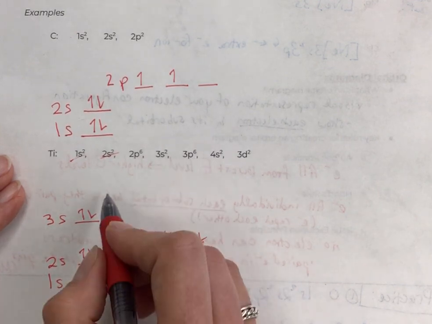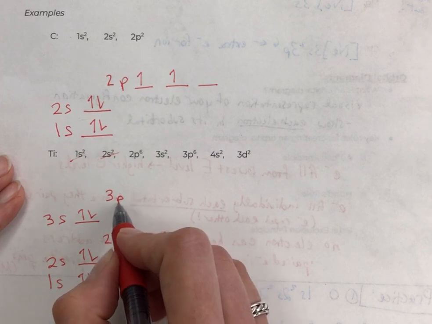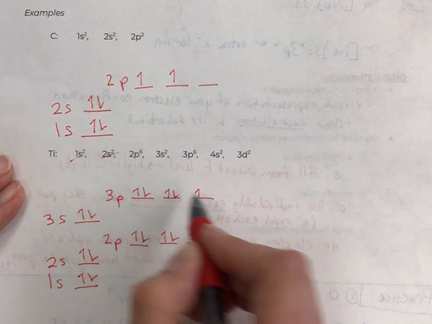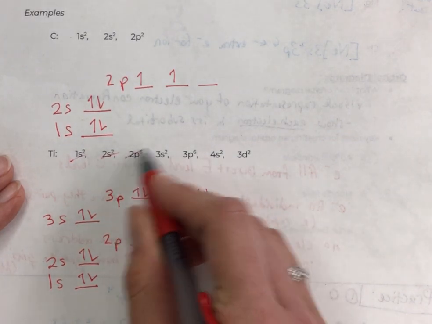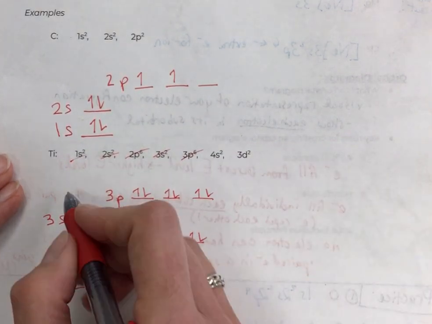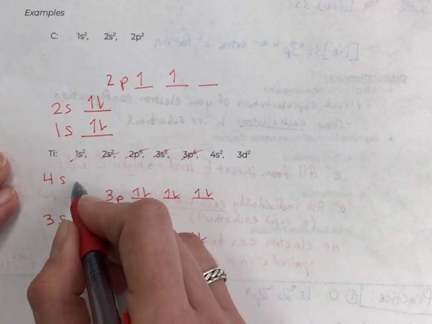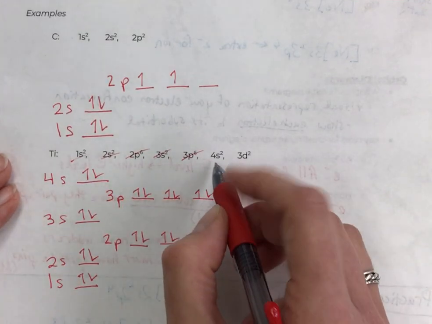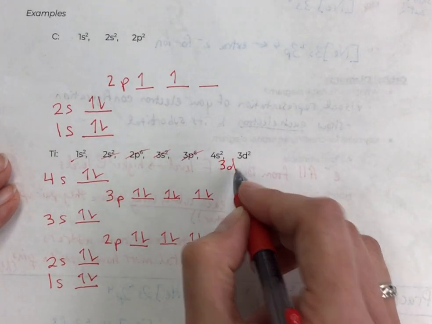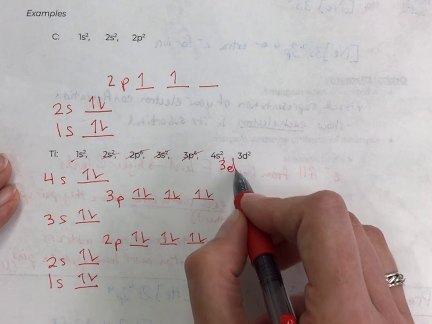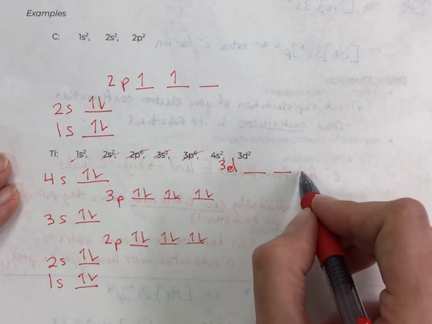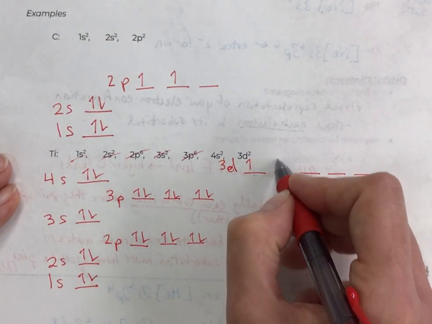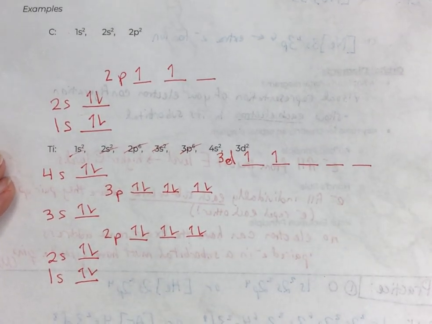Back to p, 3p, 6 again. Then 4s, 2 electrons, and finally 3d. I should have left a little more space because this should be above, just so you know. So we're going to the very end, right past p. My d orbital, there's 5 suborbitals, but I only have 2 electrons. There's your titanium orbital diagram.